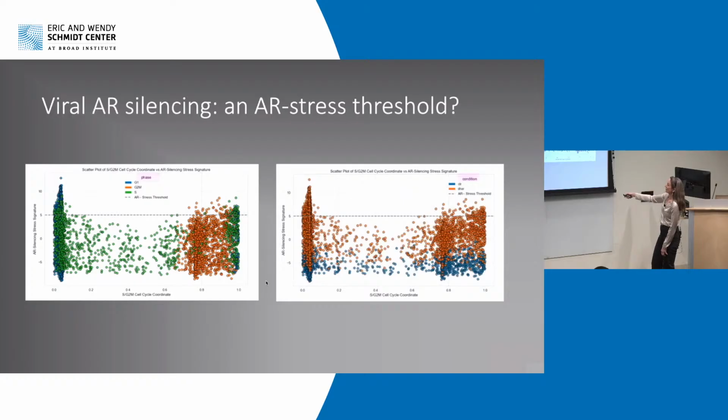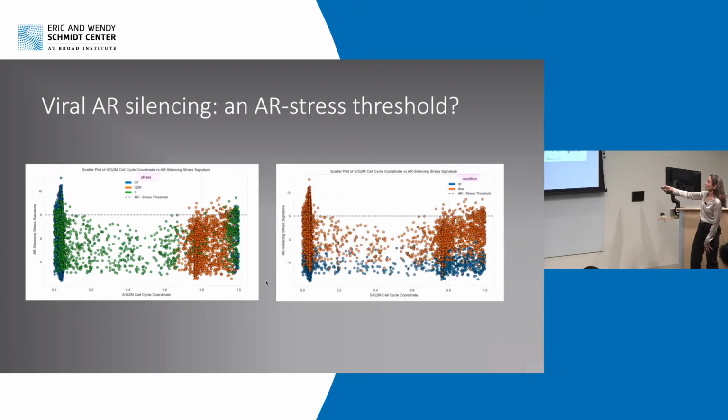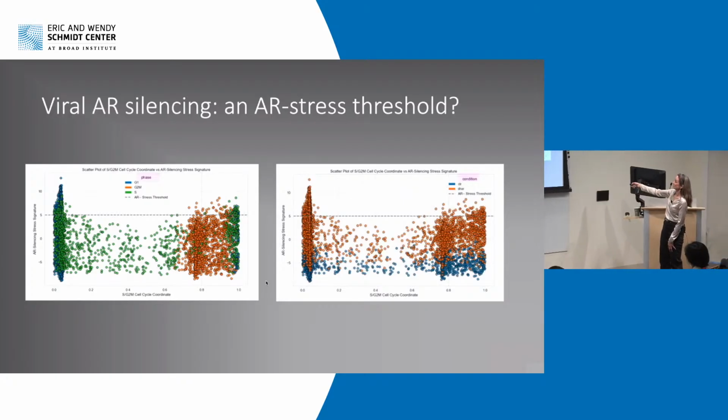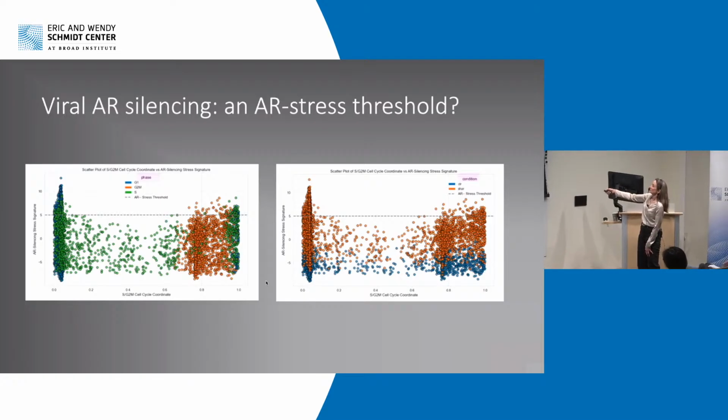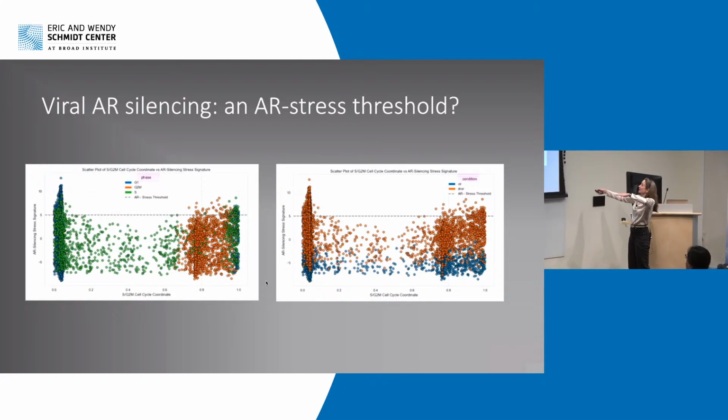But if we look now at this division between the orange being the AR silenced ones and the blue being the control, we see that for the orange ones there's a kind of threshold. When the AR silencing stress goes too high, they just don't enter the cell cycle. There are some that can enter the cell cycle that are more resilient, with a lower stress level, but those above this threshold somehow get stuck.